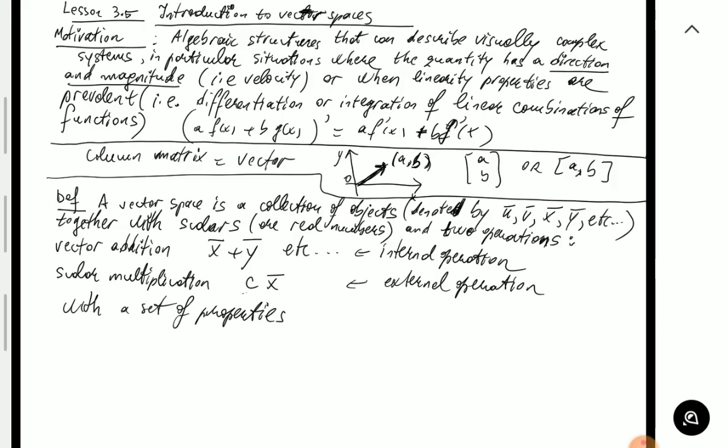So once again, we have a collection of objects with that typical notation together with scalars, which are real numbers for all our purposes, and two operations, vector addition and scalar multiplication, with a set of properties which we're going to write down on the next page. So I'm going to stop this slide and we're going to move on to the next one.